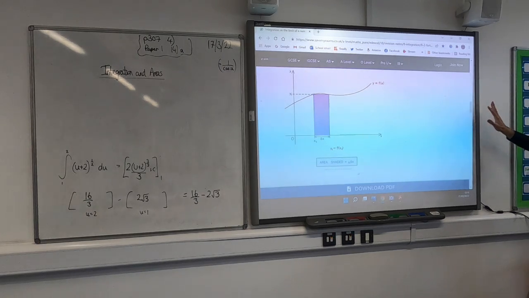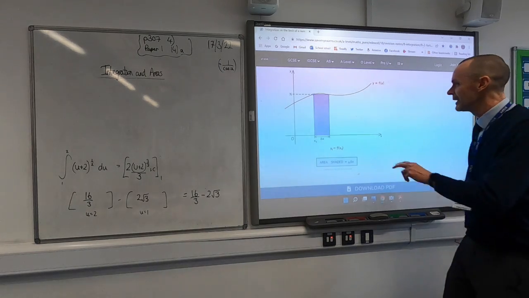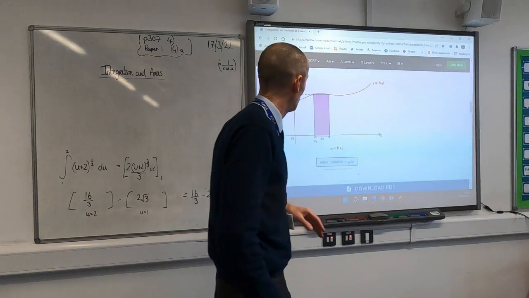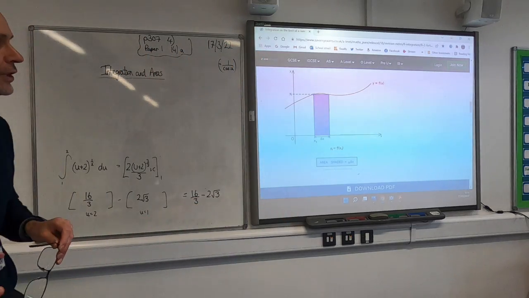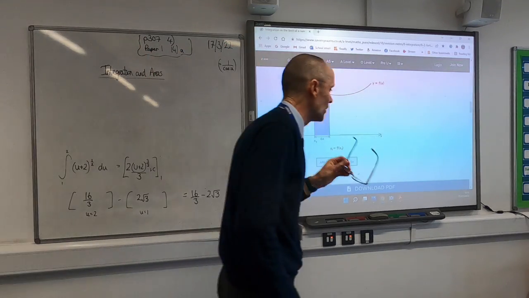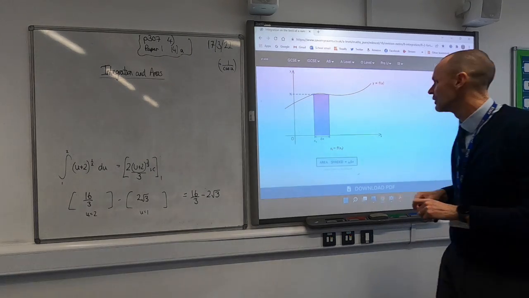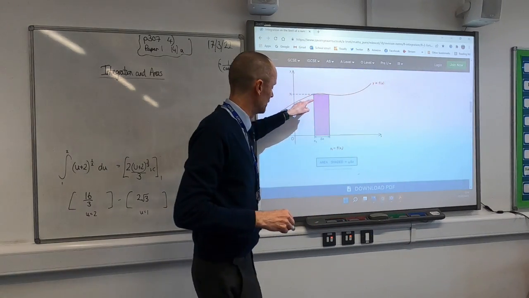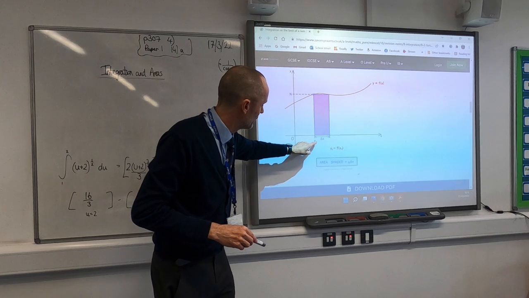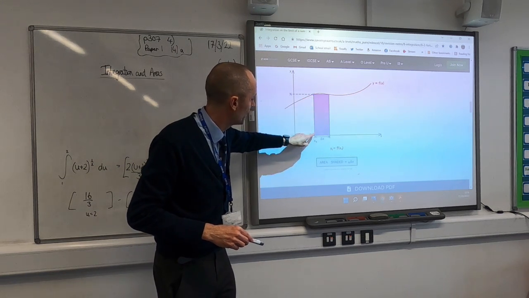If we say, okay, let's break this area under this curve up into rectangles, there's a little bit of notation that is used in that. So let's take this rectangle here. The height of that rectangle is the value of y for that x value.